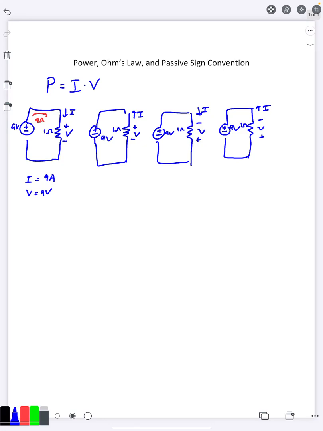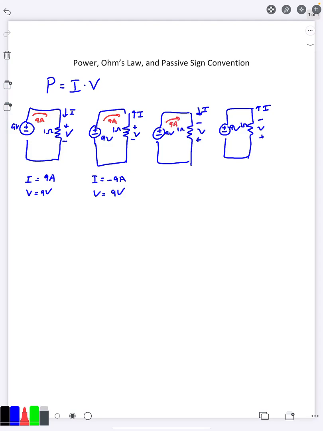Now, similarly here, in this case, because my I is going in the opposite direction from what this label here shows, so it's actually going this way, the label's opposite, then if you were to measure the I in that labeled direction, you would get a negative 9 amps. However, your V is still 9 volts.